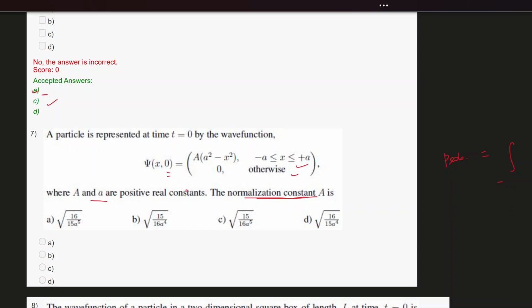In this case, the amplitude is the wave function. So for normalization to be true, which is valid for all the wave functions in quantum mechanics, a physical wave function should be normalized. So the integral of mod psi x whole square dx from minus infinity to plus infinity will be equal to 1. That is a condition from normalization.